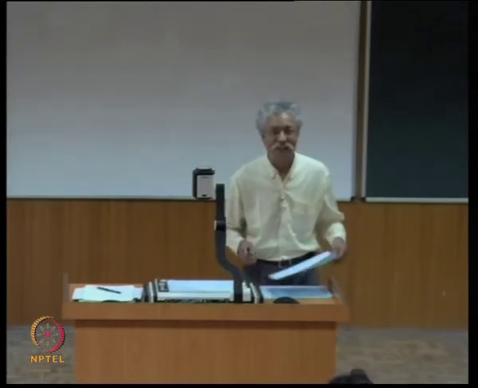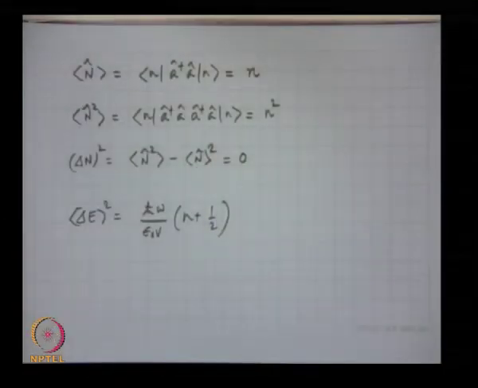How do I calculate the expectation value of energy? The expectation value of energy is n plus half h cross omega, because the expectation value of energy is the expectation value of n plus half into h cross omega, because energy is n plus half h cross omega times the n operator.